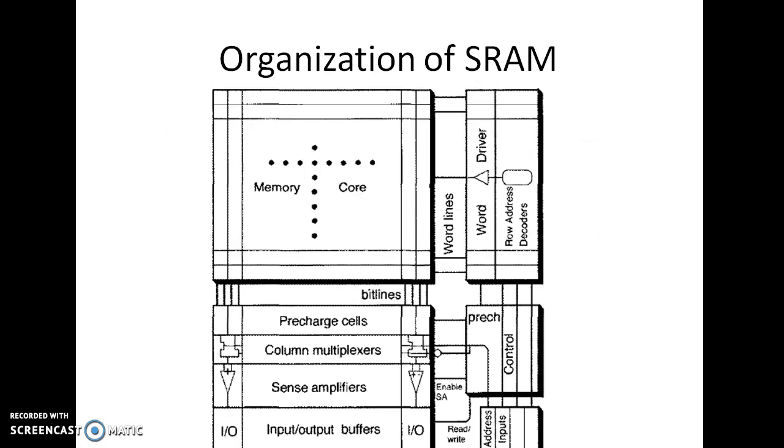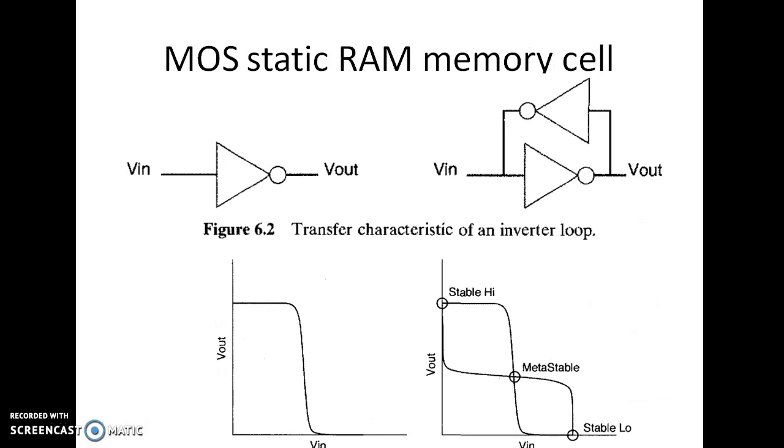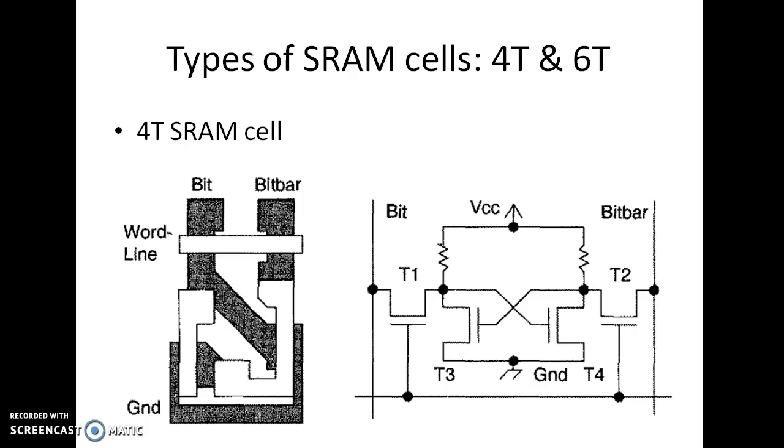So before going to the organization of the SRAM, once again I wanted to revise, right? What actually is the memory cell? It stores 1 bit of information and consists of 2 cross-coupled inverters. How many types? 2 types, 4T and 6T. 4T means the resistors are placed in the pull-up, and how many states does each cell have? 3 states: read state, write state, and hold state.